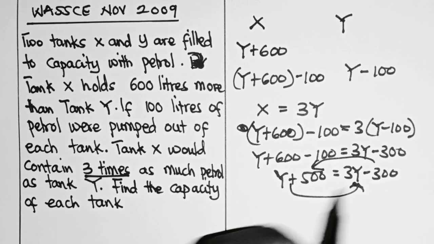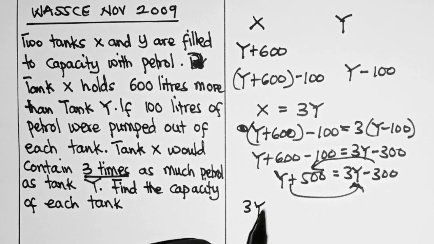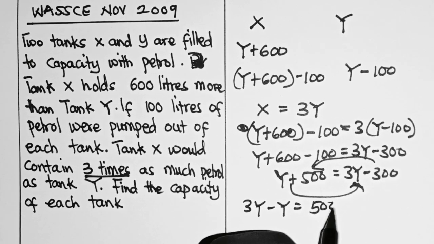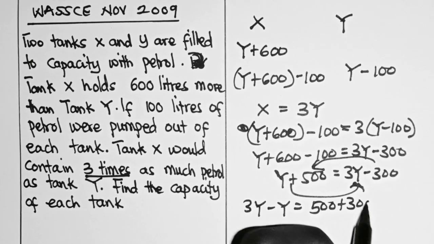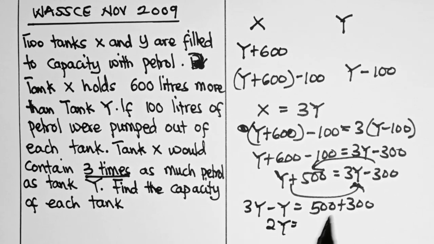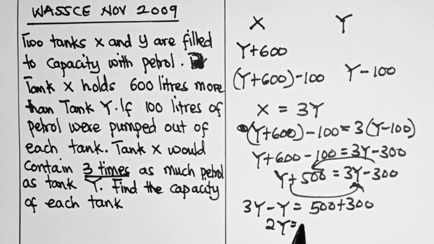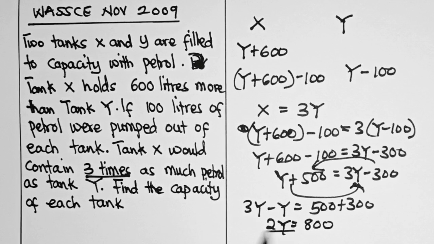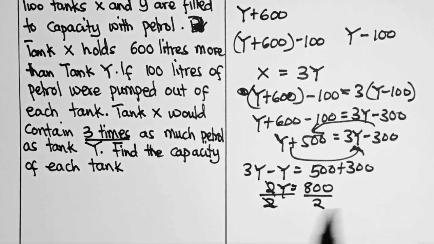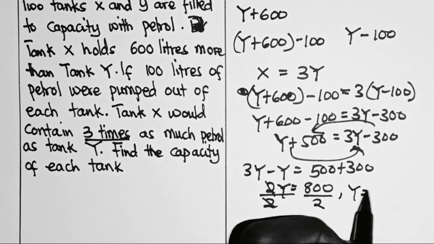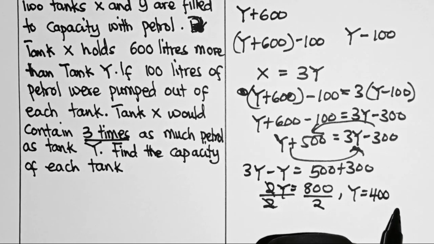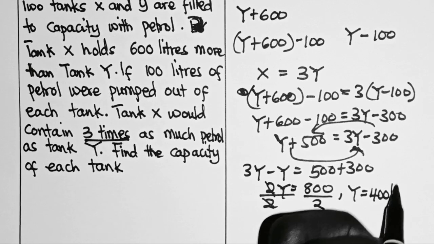So it becomes 3y minus y equals 500 plus 300. So 3y minus y becomes 2y equals 500 plus 300 is 800. So if we divide through by 2, we find out that y is equal to 800 divided by 2 is 400. So tank y will contain 400 liters.